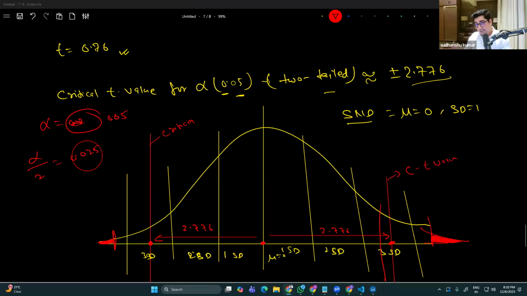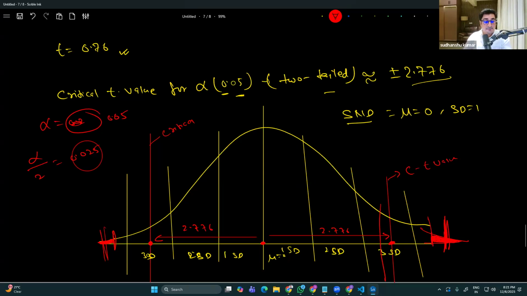If it is falling under that region, somewhere here or somewhere here, on both sides, then I can say that my critical t value is falling within this particular region, so I can reject the null hypothesis. But as it is not falling under that particular region, I can simply say that I am going to accept the null hypothesis. It is not falling under the critical region, or rejection region, that I have.